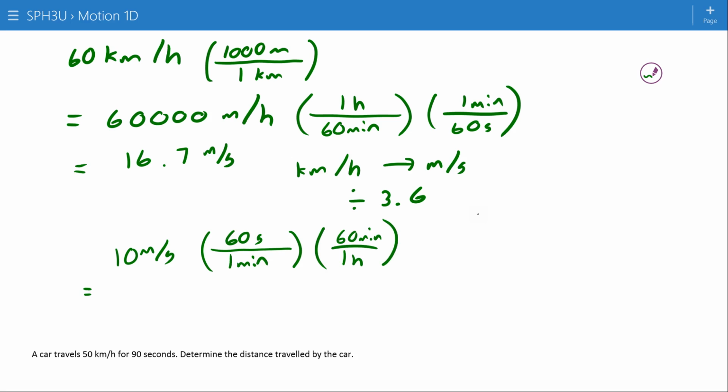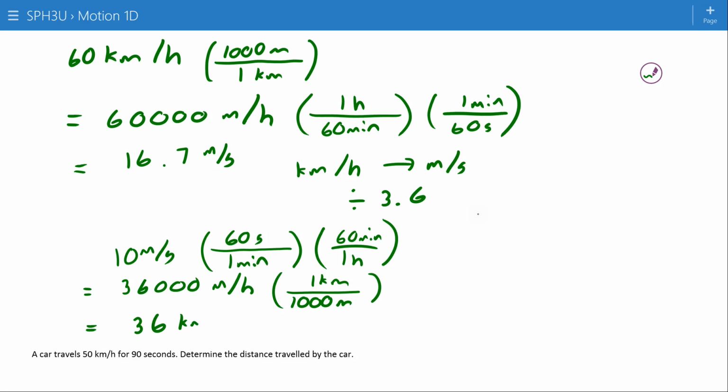And as a result, this object is going to move 36,000 meters per hour. Now again, if I recognize that in 1 kilometer there are 1,000 meters, I can see that this is actually going at 36 kilometers per hour. So instead of dividing, if we have it in meters per second, and we want to go to kilometers per hour, we multiply by 3.6.